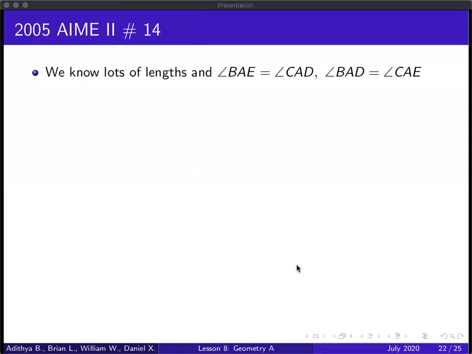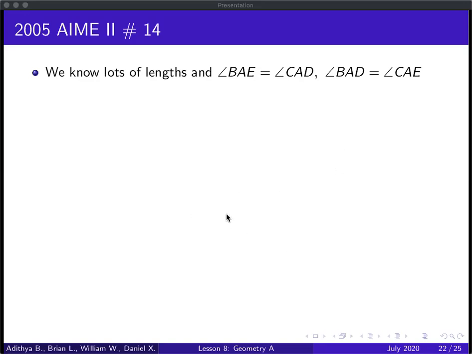Find AD, that would be possible, but that doesn't immediately make use of the fact that we have those equal angles. Since we have a lot of equal angles and all of these angles come from the same vertex, it suggests using the ratio lemma to make use of the ratios on side BC and the angles.